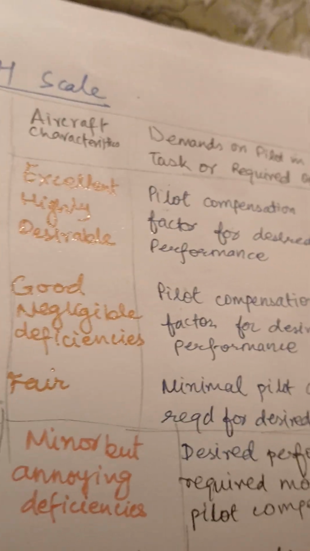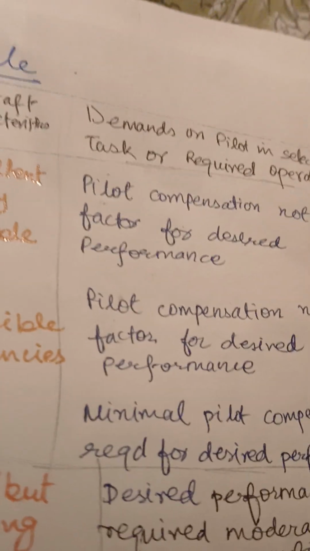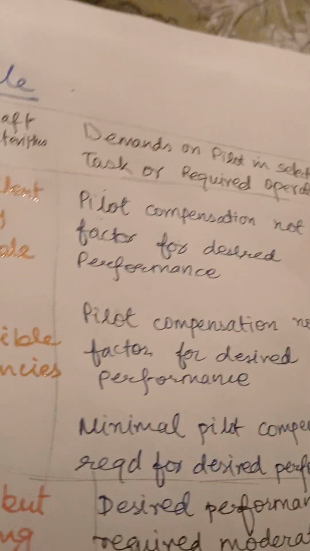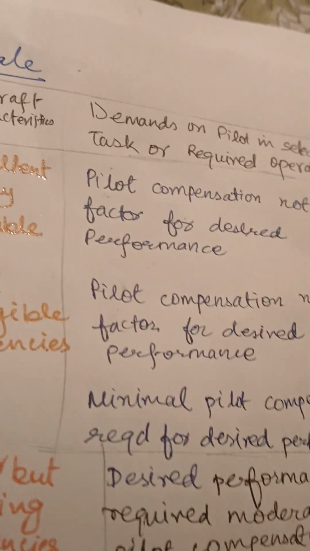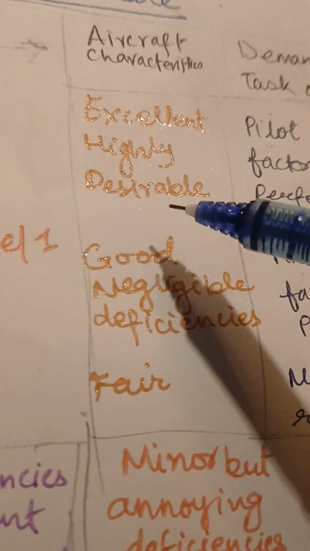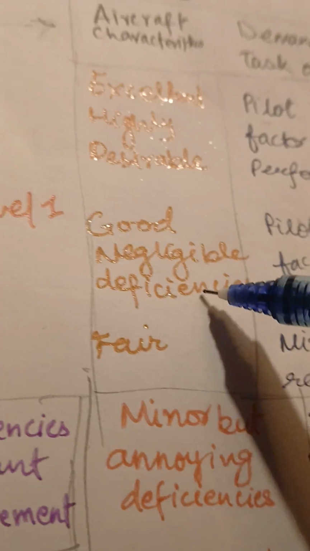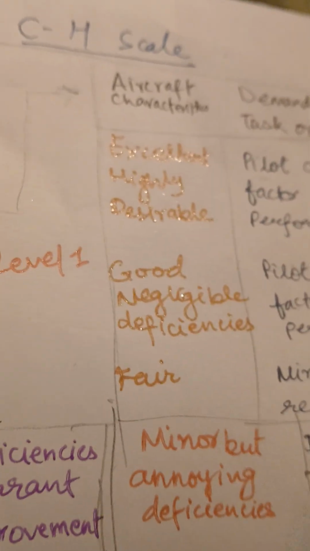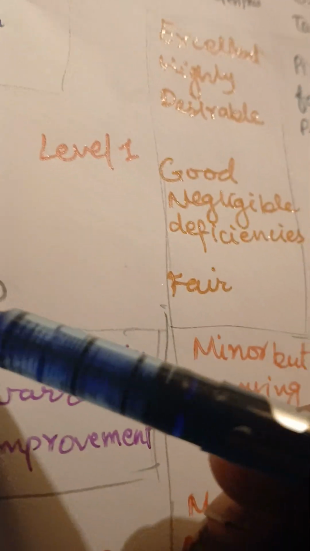If the aircraft has to roll, yaw, pitch, or stay stable on all six degrees of freedom, even a minimal pilot compensation can be called fair. So these 3 remarks, excellent, good and fair, are what a pilot can give, and they come in level 1. So it is satisfactory without improvement.